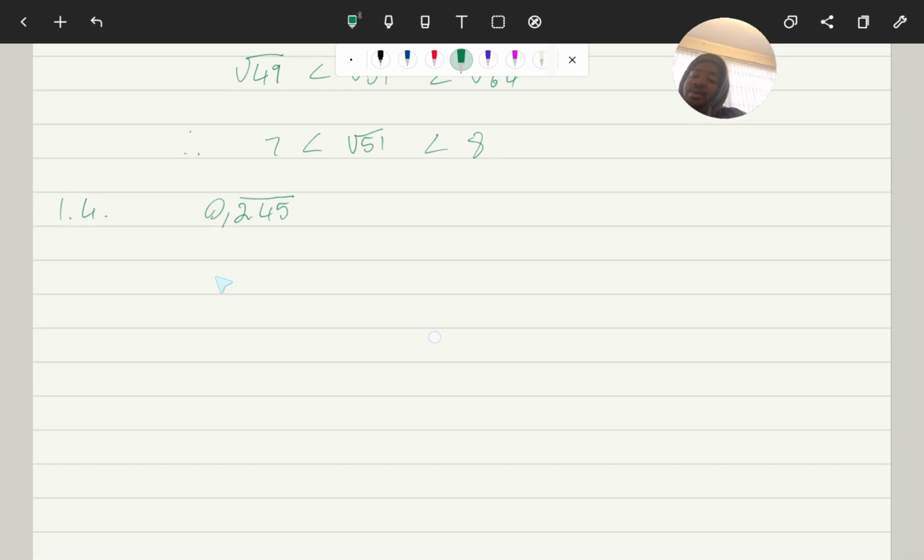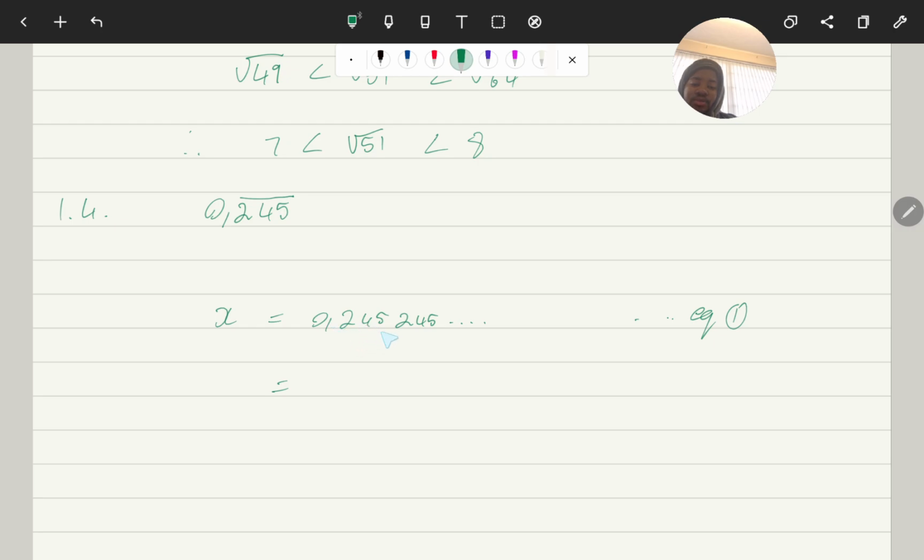Alright, so the first step, we're gonna say let x be 0.245 repeating, right, and then now I'm going to multiply. As for which number I will multiply by, remember I want to make sure that the numbers after the comma are the same, right? I don't care about the numbers before, but the numbers after the comma, they have to be the same. Okay, let me say this is equation 1.